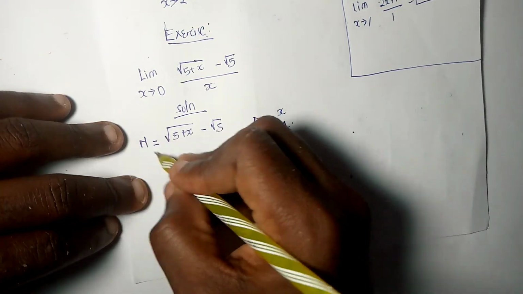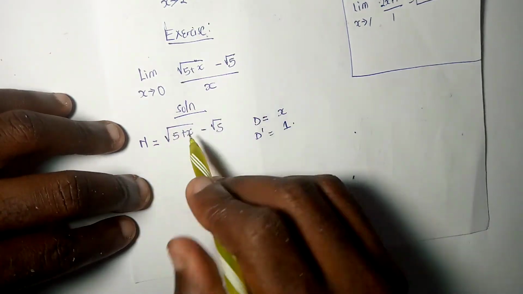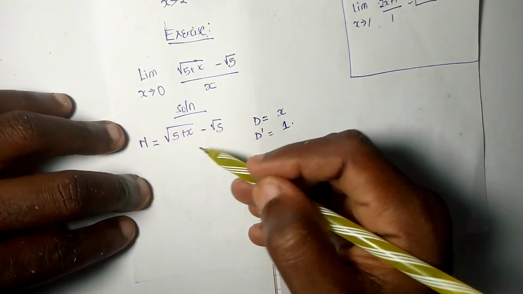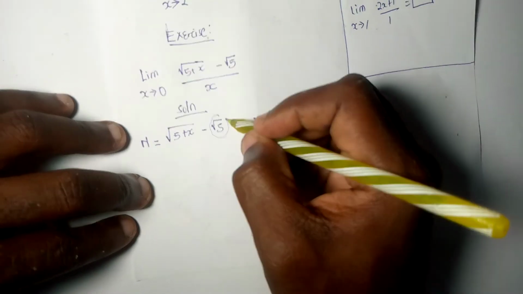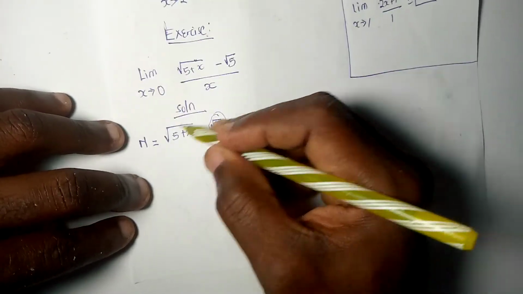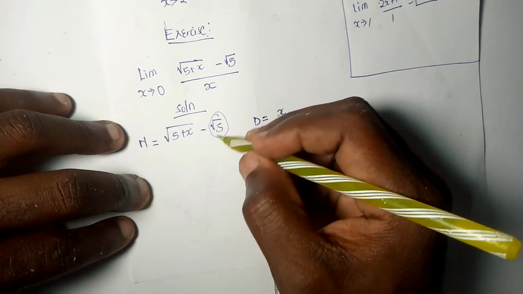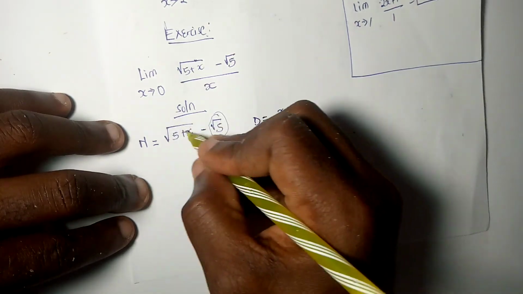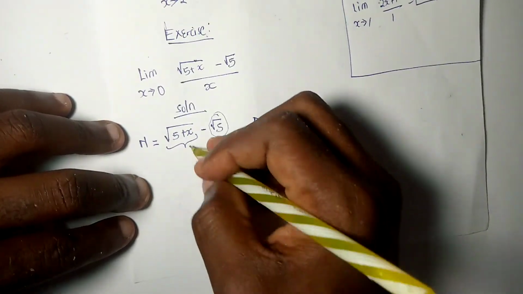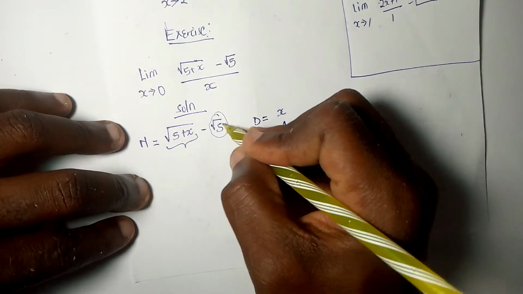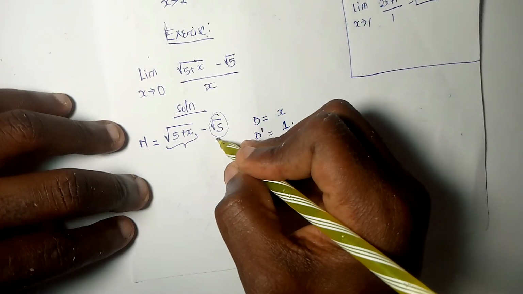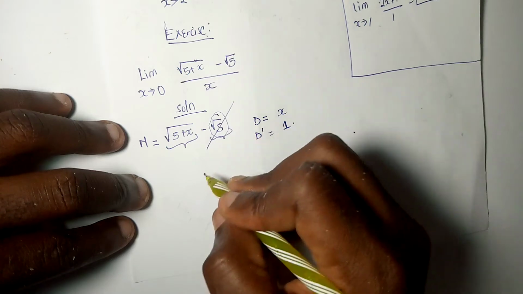What about n? For this one we'll have to use the chain rule. But since root 5 is a constant term, its derivative will be 0, so we can ignore that. This is the only part that we can differentiate.